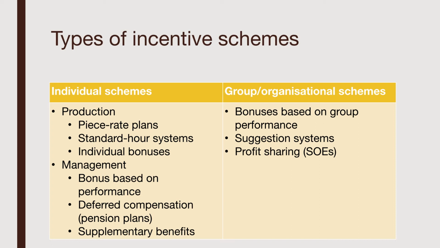Suggestion systems can also be used as a form of incentive, and then profit sharing can also be used, and this is specifically applicable to state-owned entities, where if a state-owned entity was able to produce a profit, often those in management or senior positions would have part of their contract be a percentage share of the profit that the state-owned enterprise has made.